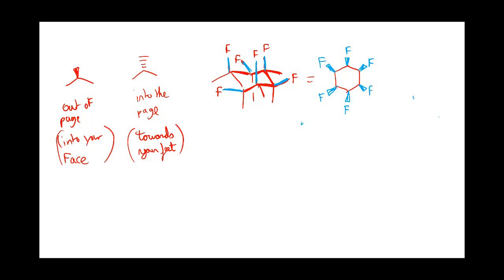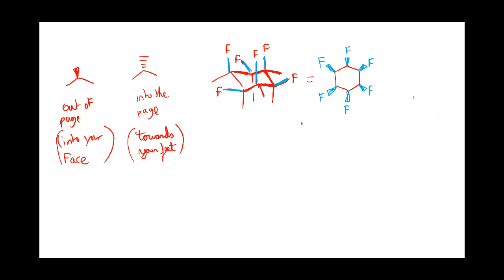And on each one of those, you can sort of see this carbon here, the axial is above the equatorial. The next carbon over, the equatorial is above the axial. So I draw this as an up wedge, that is a down wedge. That would be an up wedge, that would be a down wedge. Up wedge, down wedge, up wedge, down wedge, up wedge, down wedge.